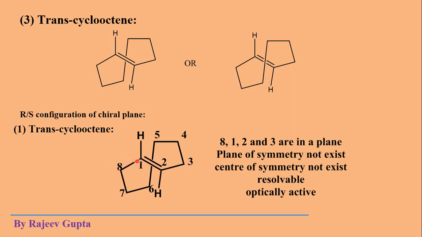It is shown here towards the viewer, and this saturated polymethylene chain goes behind this double bond. In this molecule, a plane of symmetry and center of symmetry do not exist. This is optically active, resolvable and chiral.